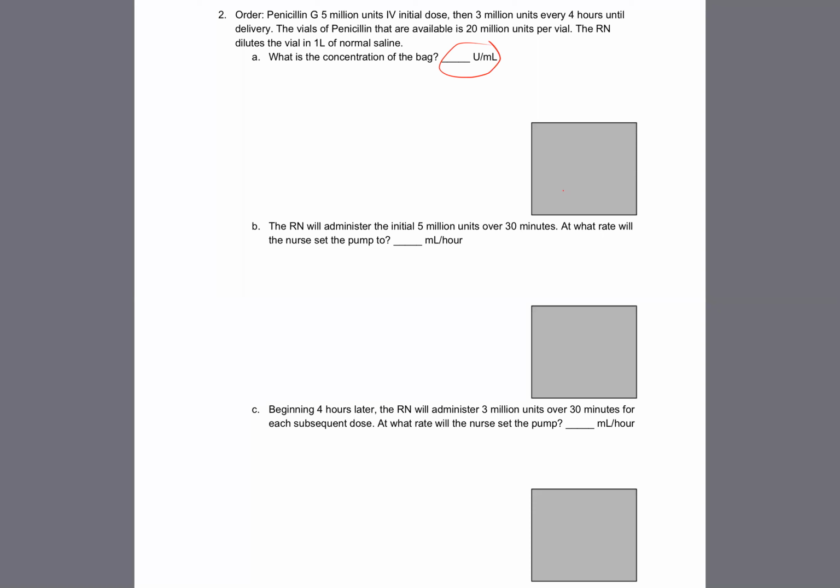So you're going to go ahead and start with what's available. So what's available is 20 million units per 1 vial. And you're going to go ahead and dilute it in 1 liter of normal saline.